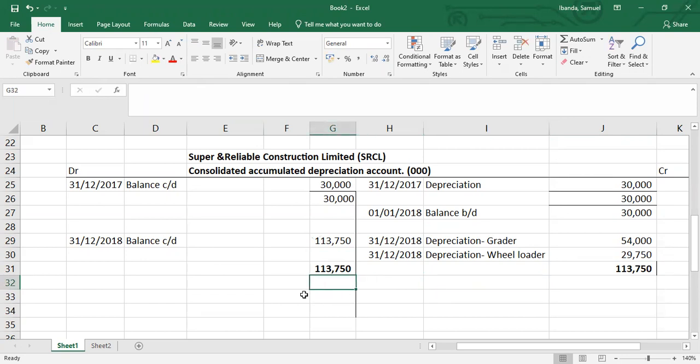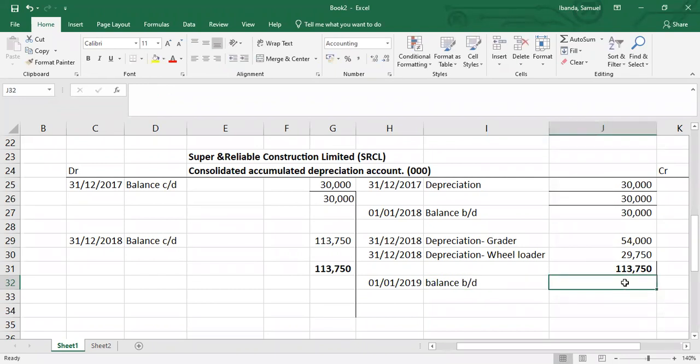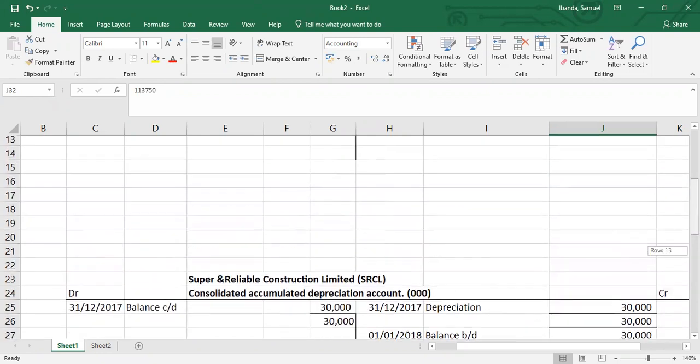And then we will have on 1st January 2019, we'll have our balance brought down to be 113,750, the cumulative amount, okay?